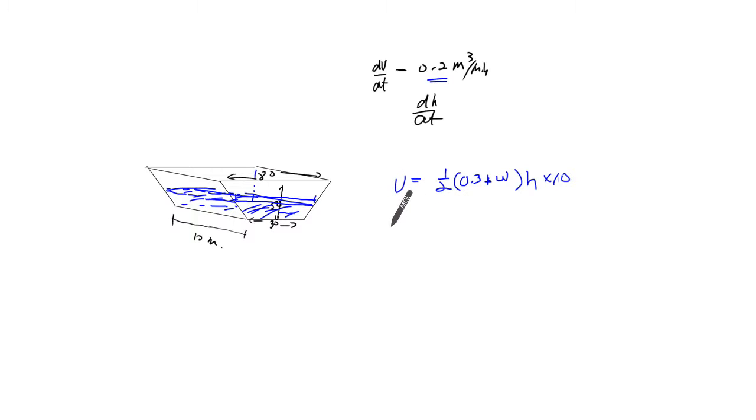And we want to find dH/dt. So let's differentiate with respect to time. If you multiply those two, you get 5. So dV/dt is equal to 5 times the derivative.